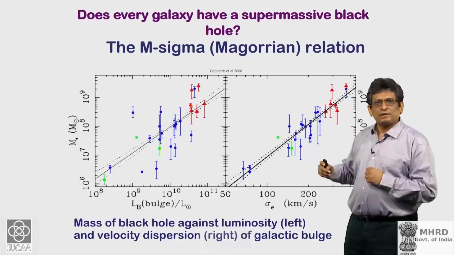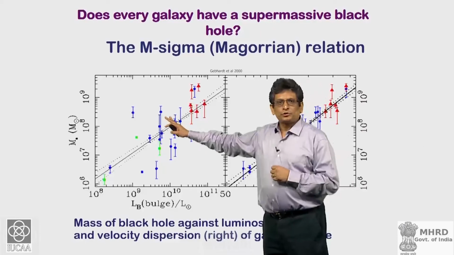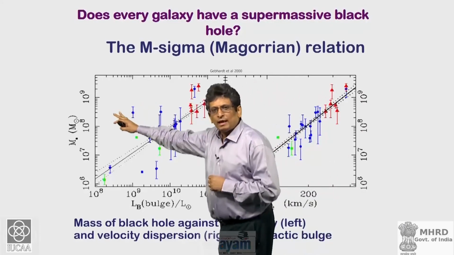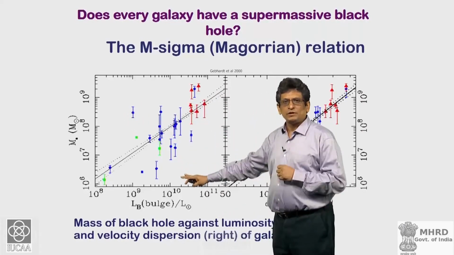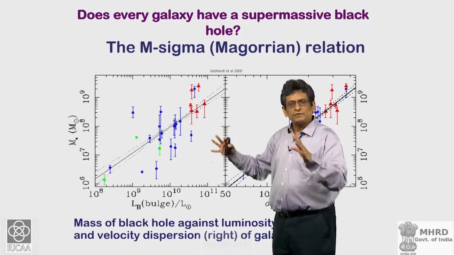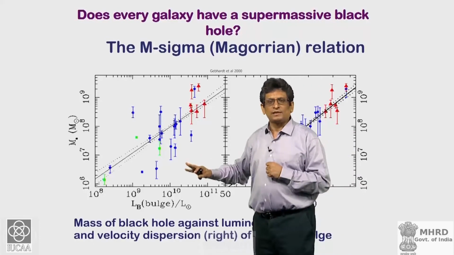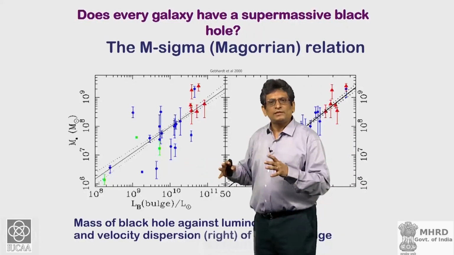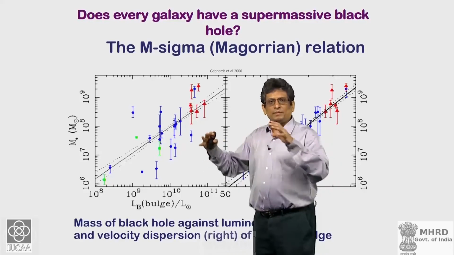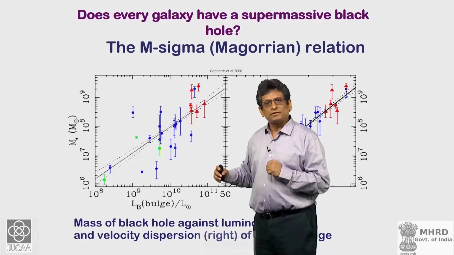So in this particular plot, the left panel shows the mass of the black hole and the luminosity of the bulge of the galaxy. And by bulge, I mean the central spherical part of the galaxy. In the case of a spiral galaxy, that is only part of the galaxy. In the case of an elliptical galaxy, it is the whole galaxy. But the mass of the bulge is the one that correlates with the mass of the supermassive black hole.